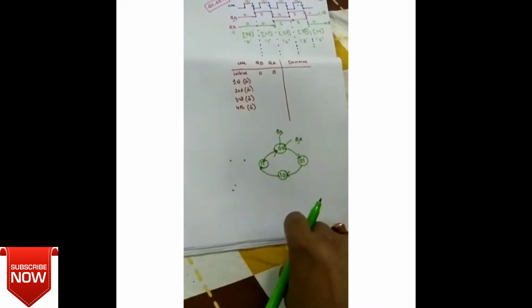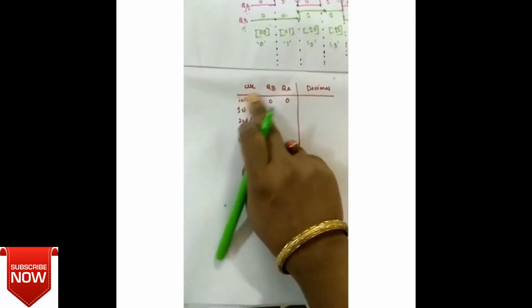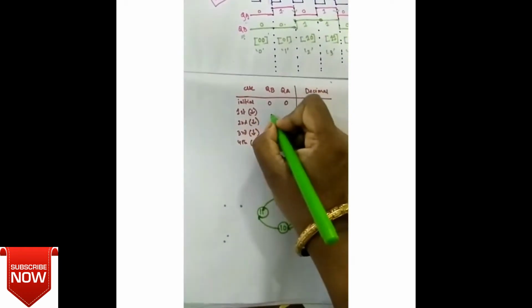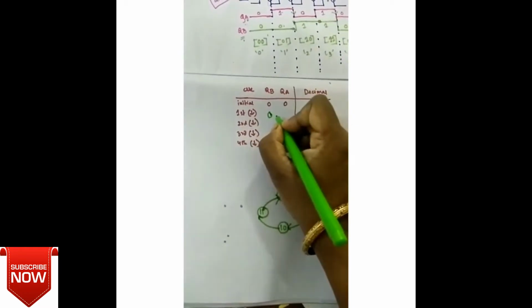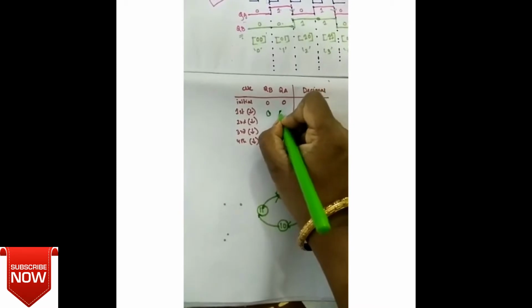Okay, so if we plot the truth table for this counter, initially it is 0 0, so the decimal value of 0 0 is 0. On the first triggering, QB is 0, QA is 1, so it is 1.